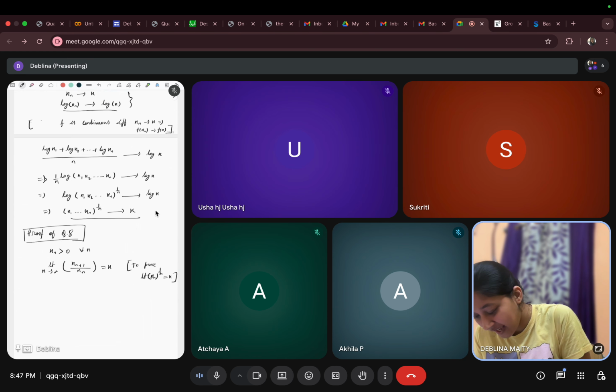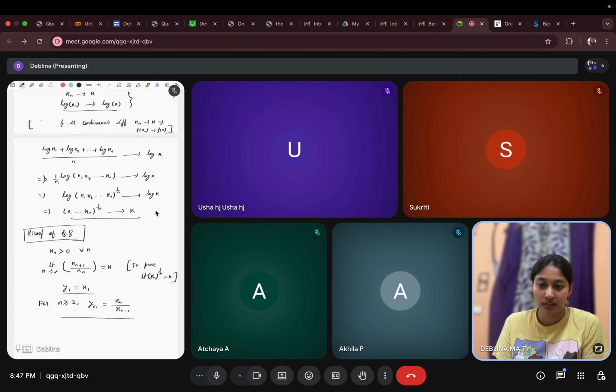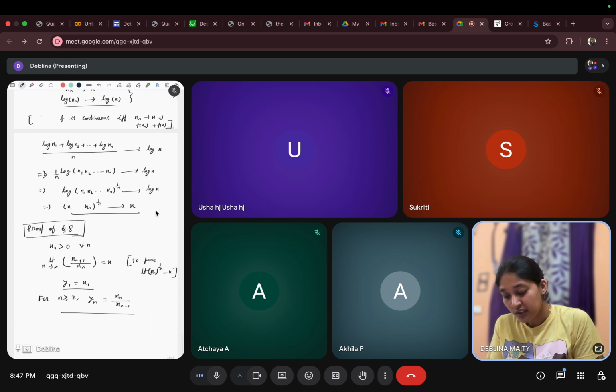So we take another sequence where y1 equals x1, and for n greater than or equal to 2, yn is xn by xn minus 1. So for n equals 1 this is x1, and after that it is xn by xn minus 1. Now we are going to use Cauchy's second theorem on the sequence yn.